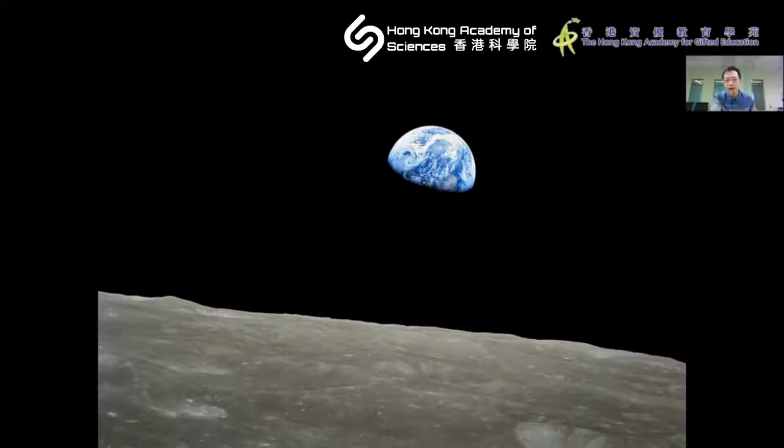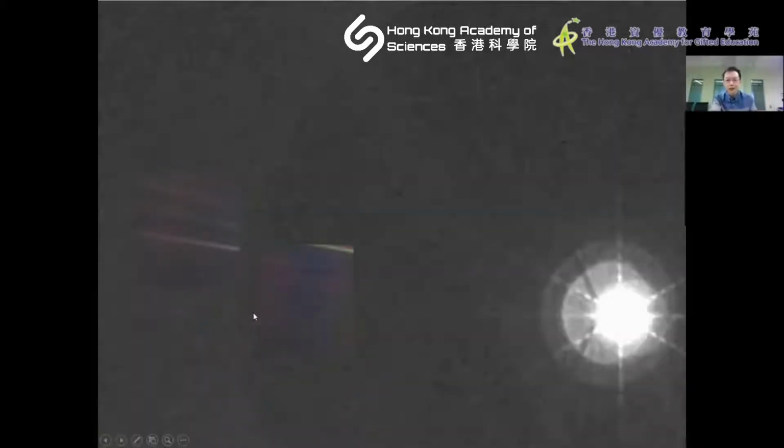And from this photo on, we can actually zoom further to the boundary of our solar system. This is another famous photo. This was taken by the Voyager spaceship moving to the boundary of the solar system.